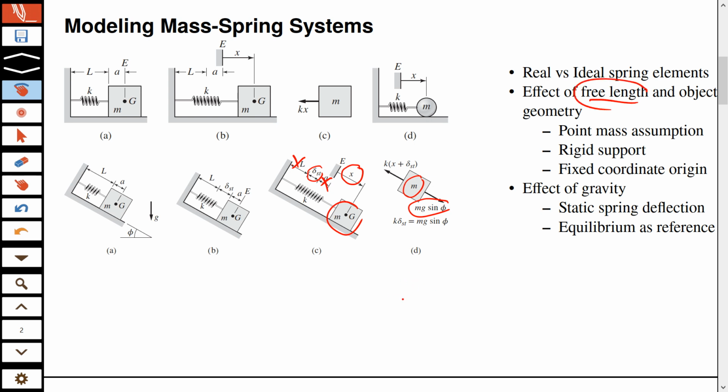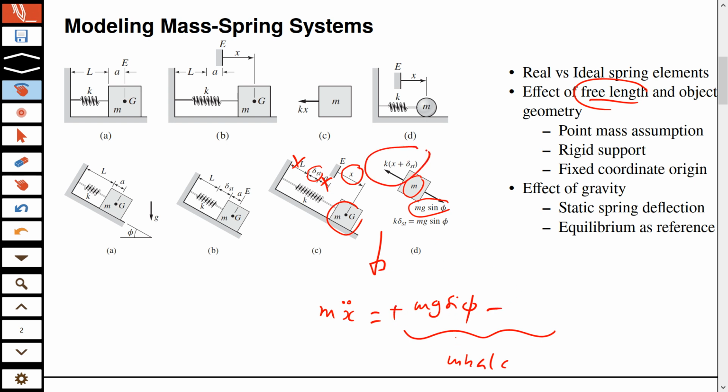So if I now want to write the equation of motion for the rigid body, it will be m times x double dot as usual, and here I will write the unbalanced force. The unbalanced force will be mg sine of phi, in the direction of x, so it is plus, minus the restoring force.